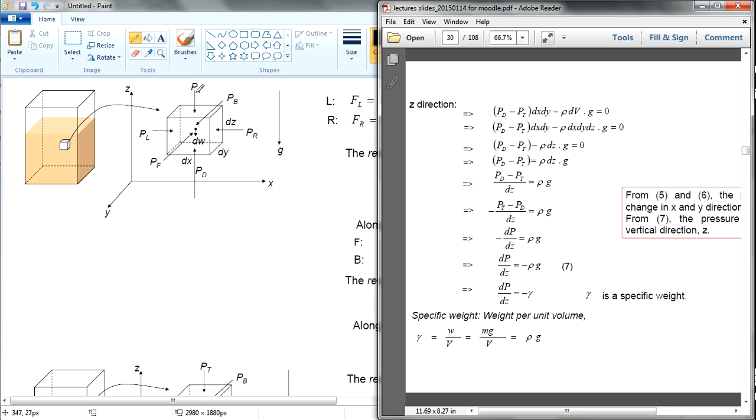The pressure at top minus the pressure at bottom can be governed by this formula, dP over dZ, the small change in the z direction. So it is the change of pressure over the change in the depth of the water.